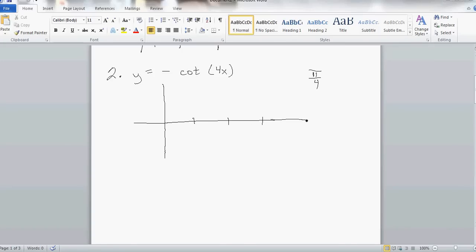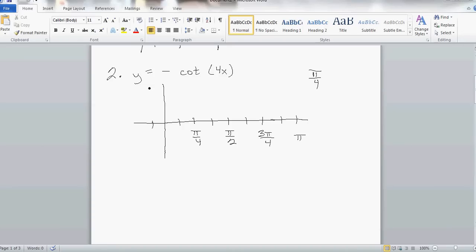And so what I'm going to do is create where every other mark is pi over 4. Now, tangent had vertical asymptotes at negative pi over 2 and positive pi over 2 and 3 pi over 2 and so on and so forth.